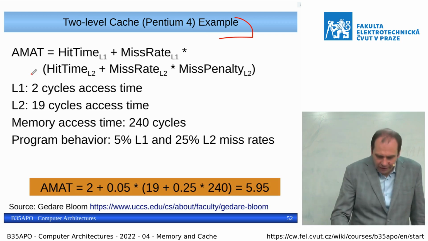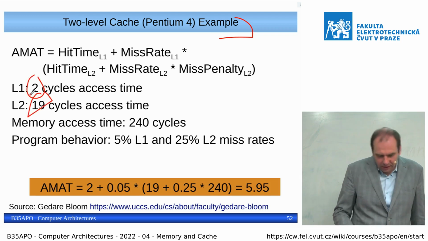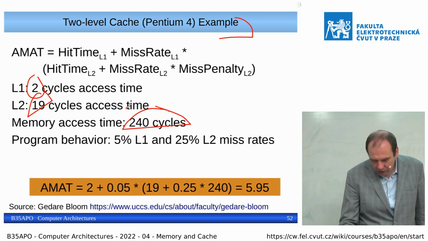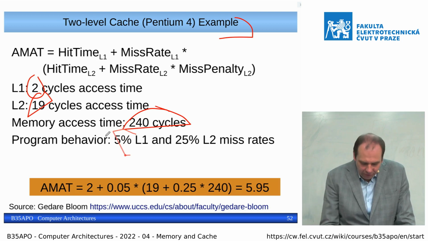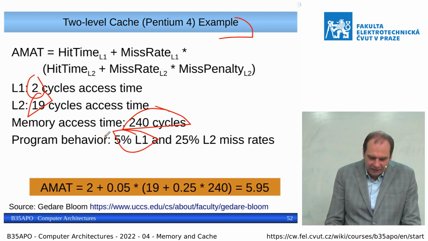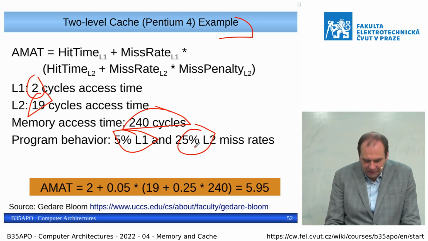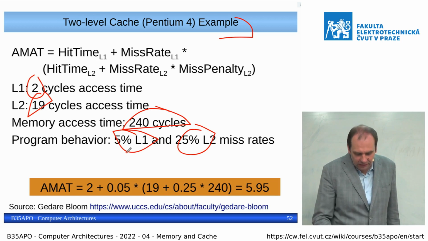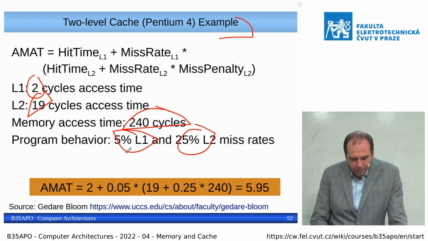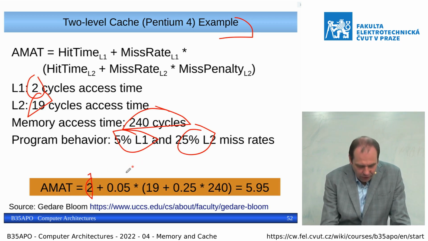L1 has access time 2 cycles, L2 19 cycles, and actual memory in this case 240 cycles. Then if we have 5% misses in L1, and L2 has 25%, but from those 5% of misses in the L1, then we can compute the actual miss rate, in this case as 2 cycles for the L1.